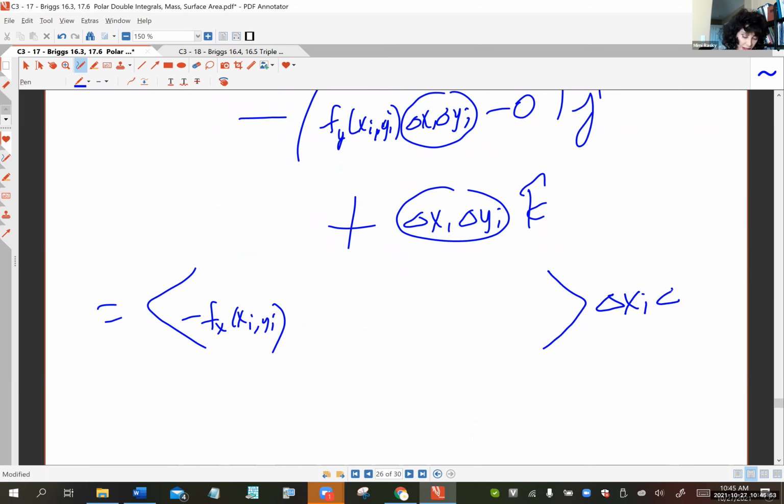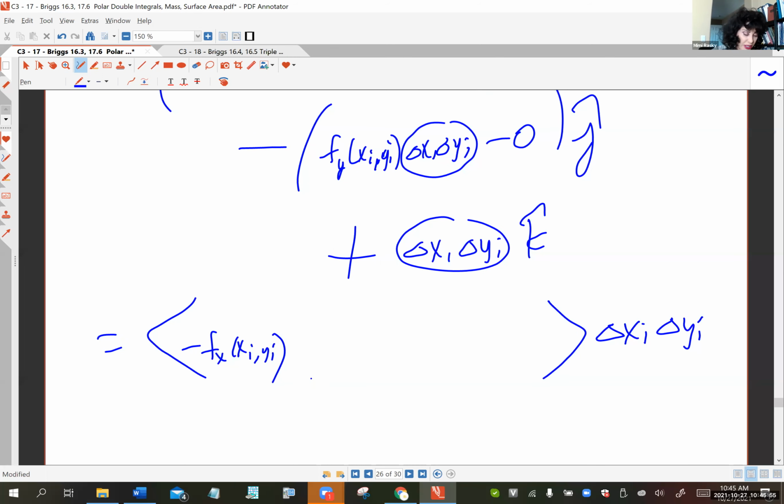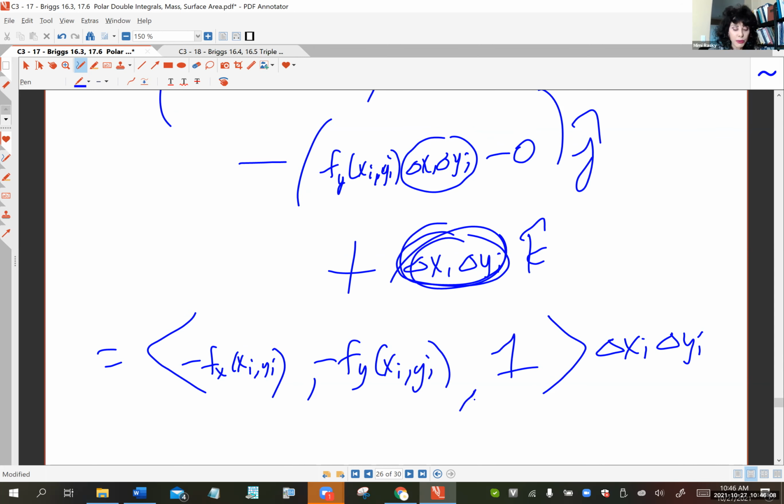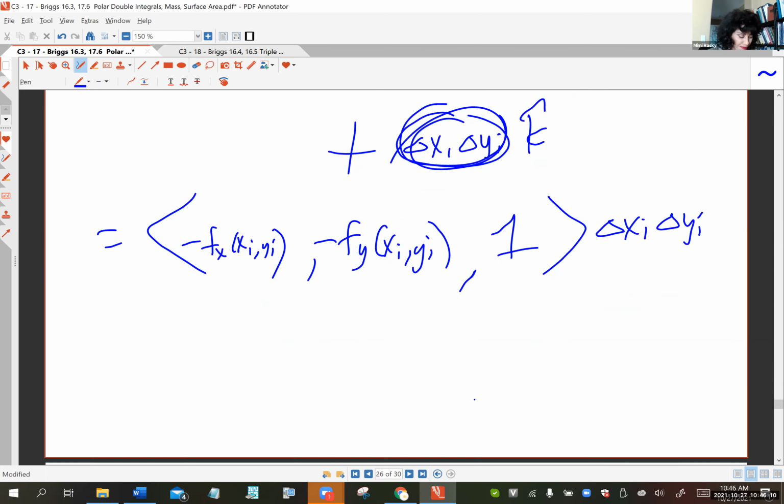And so the middle guy ended up being, after we factored out the delta x sub i, delta y sub i, minus the first partial of f with respect to y. And then after we factor out our common factor, that last component is a 1.